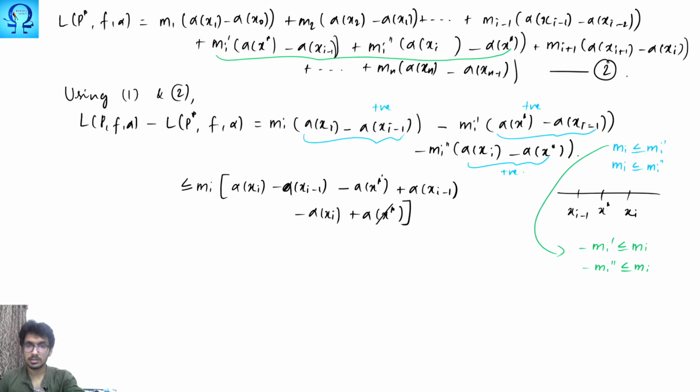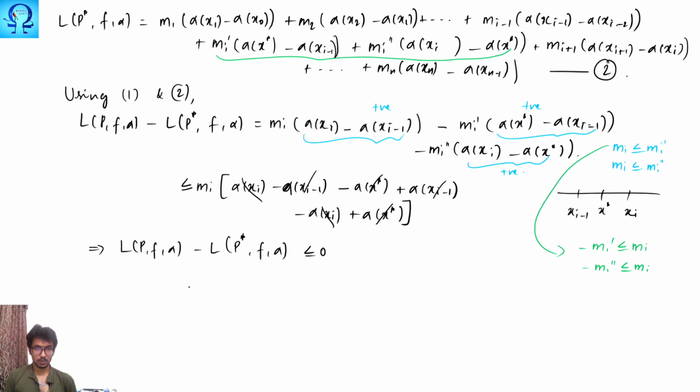If you see, these two get cancelled and these two get cancelled, and similarly these two get cancelled. So your LP F alpha minus LP star F alpha is less than or equal to 0, which gives you your LP F alpha smaller than or equals LP star F alpha. Let us mark this as equation 3.